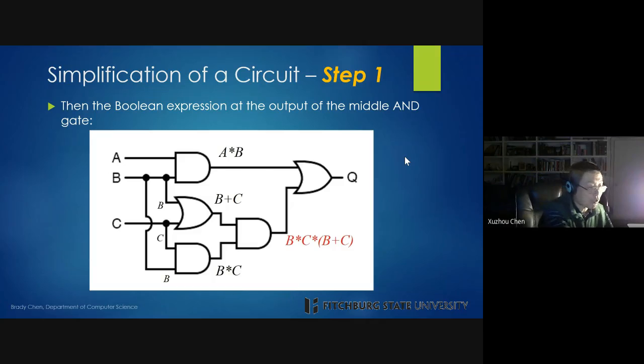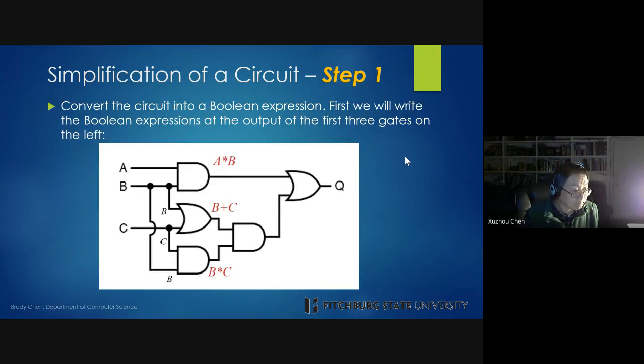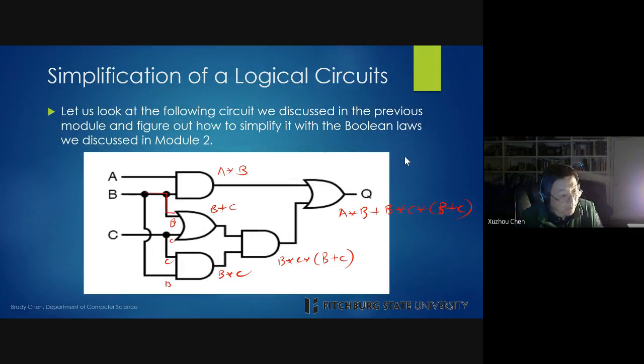So here's the example we just talked about. Here's the Boolean expression, right? Can we simplify this electronic circuit? Can we simplify the design? The first thing we can do is try to express it using the Boolean expression.